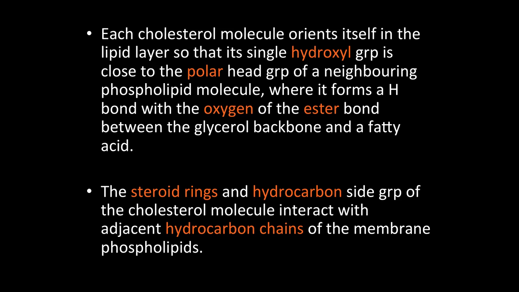Simple stuff. The steroid rings and hydrocarbon side group of the cholesterol molecule interact with adjacent hydrocarbon chains of the membrane phospholipids. So the bottom line is this. The hydrophilic portion of the phospholipid is going to interact with the hydrophilic head of cholesterol, which is the hydroxyl group, and the non-polar portion of the phospholipid is going to interact with the non-polar portion of cholesterol.